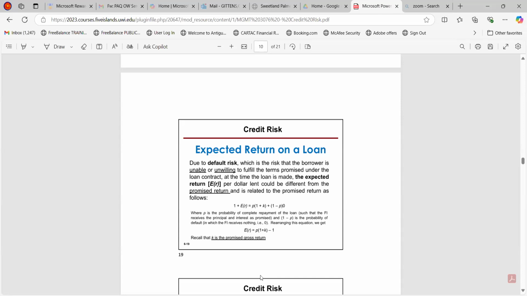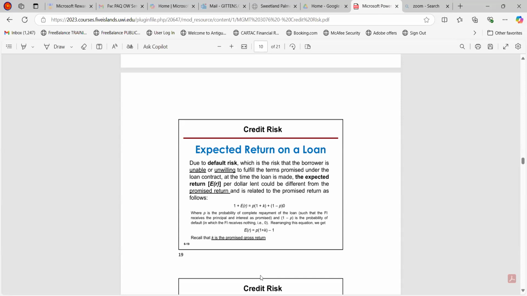So what we just calculated was the return on the loan. So given all of the different elements, your loan origination fee, your interest rate, your compensating balance, your reserve requirement, given those, you can calculate the return on your loan. But how do you determine what is the expected return on the loan? The financial institution can do that as well, right?